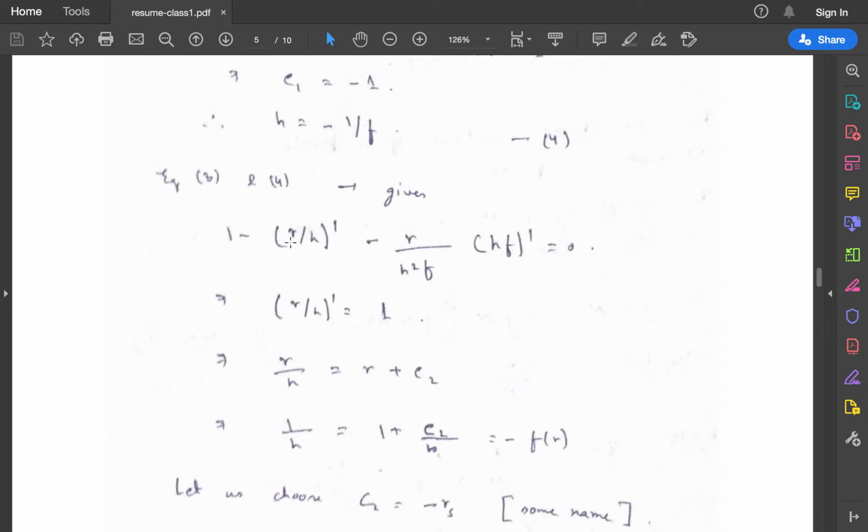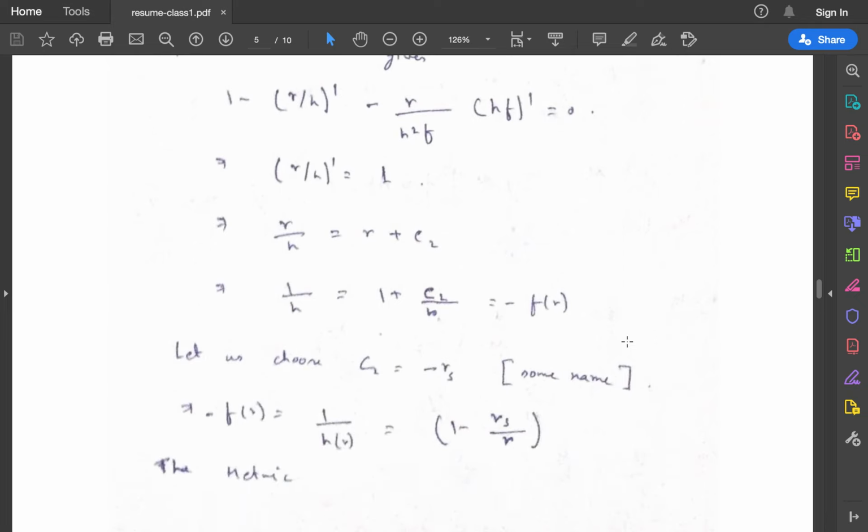Therefore we have (r/h)' equal to 1. We can integrate again, which gives us r/h equal to r plus c2. So I can write 1 over h equal to 1 plus c2 by r, equal to minus f from our previous equation 4.